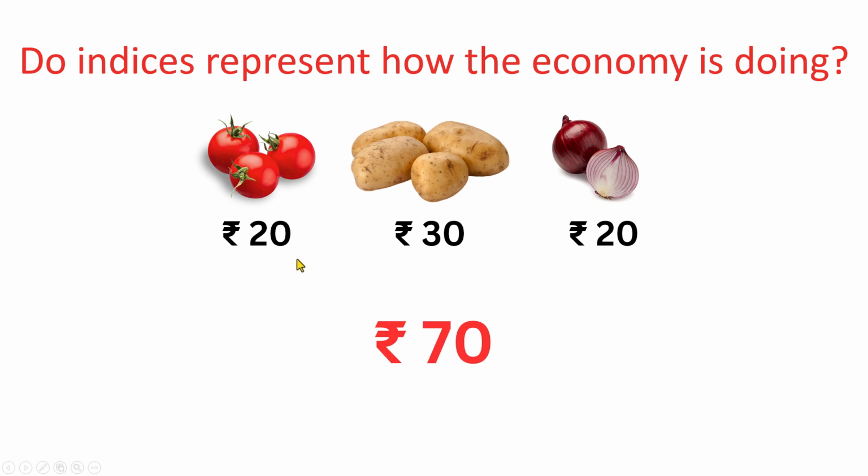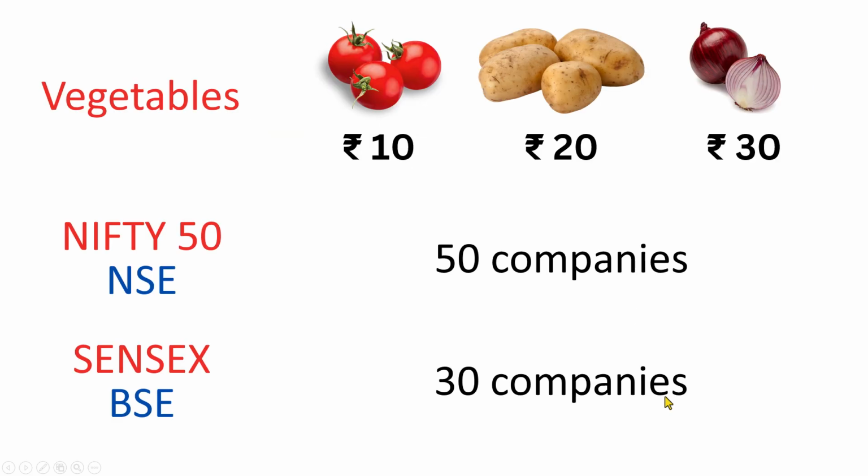Only the price of these three has increased in their value. Some of the vegetables that are not in these three may have lost their price, or their price might have been reduced. We do not know that. Correct?